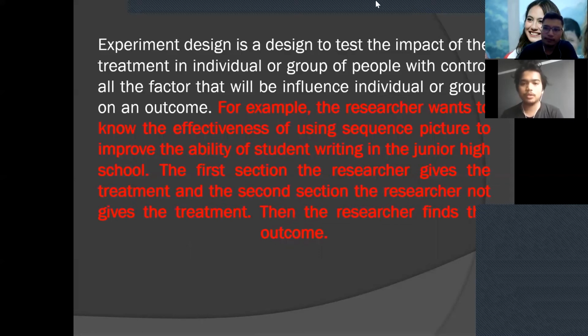For example, the researcher wants to know about the activity of using sequence pictures to improve the writing ability of students in junior high school. In the first section, the researcher gives the treatment, and in the second section, the researcher does not give the treatment. Then the researcher finds the outcome. But this topic will be delivered by my friend later after me.